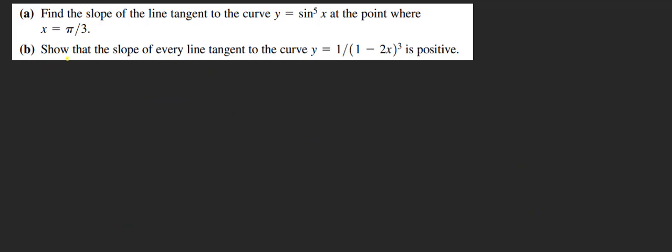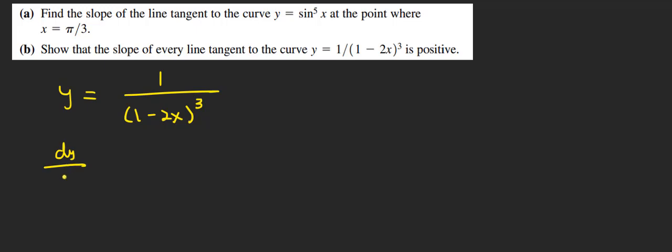Now part B says show that the slope of every line tangent to the curve y equals 1 over quantity 1 minus 2x to the third is positive. So let's find the slope of this curve.